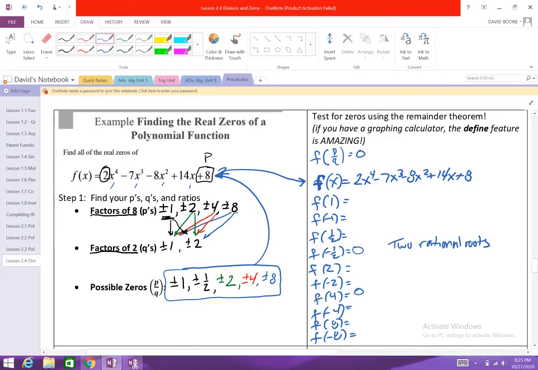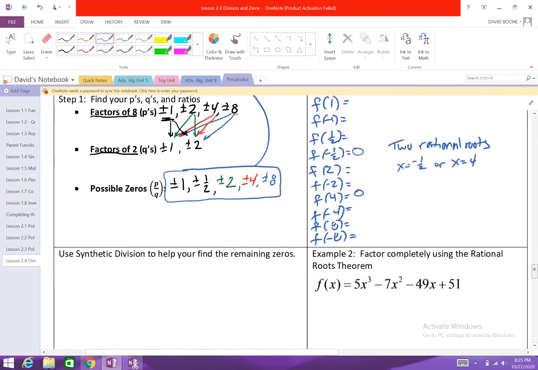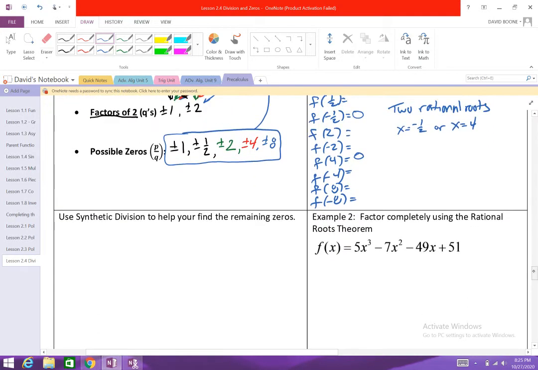So what we found is that we've got two zeros, x equals either -1/2 or x equals 4, as our rational zeros. So using that information, we can use synthetic division to help us find the other zeros in our problem.